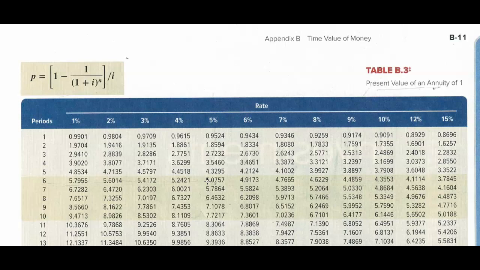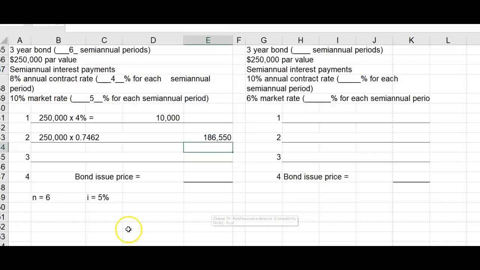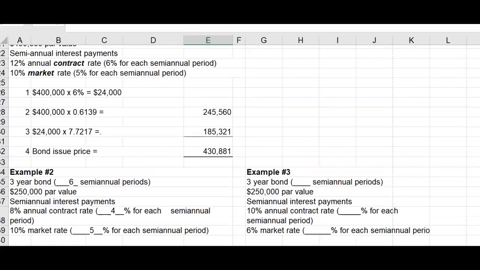Let's carry that to our worksheet. The $10,000 payment amount times the factor of 5.0757 equals $50,757.